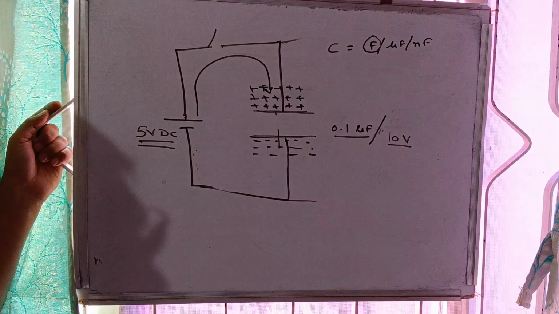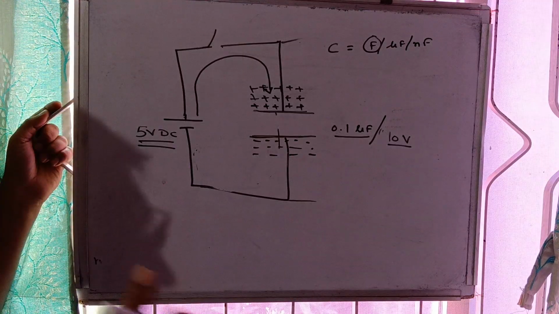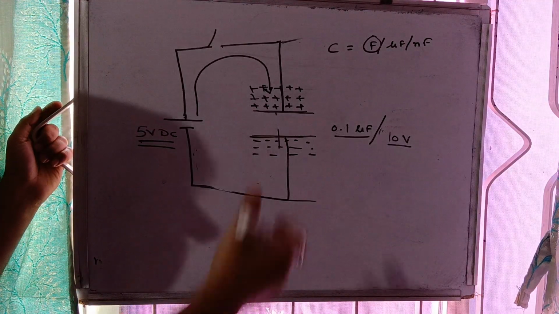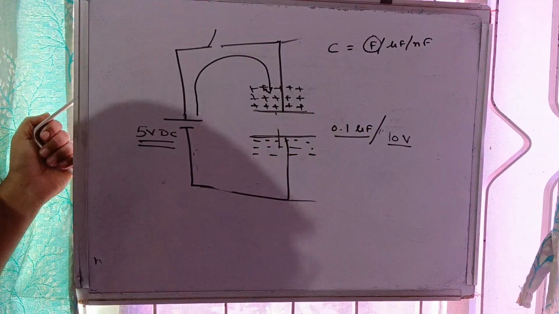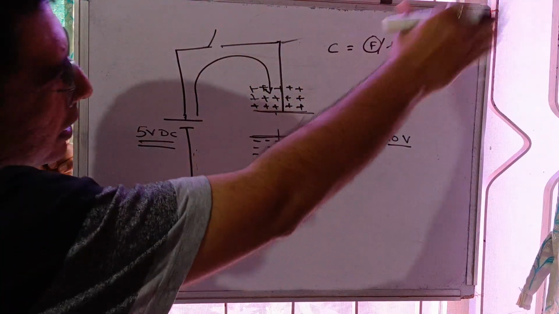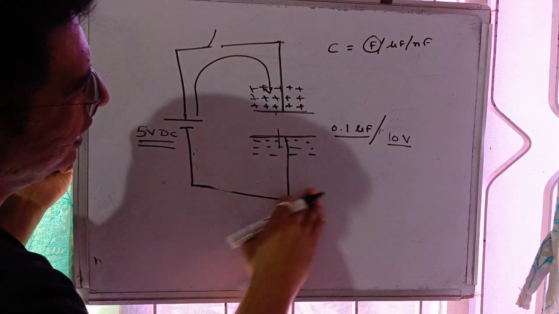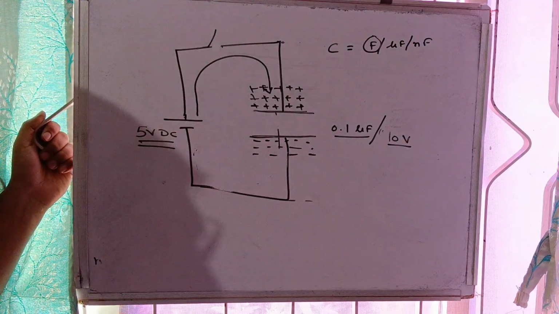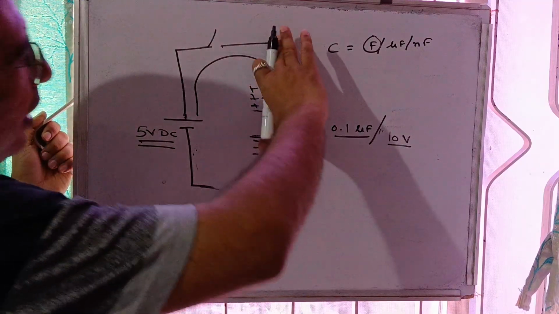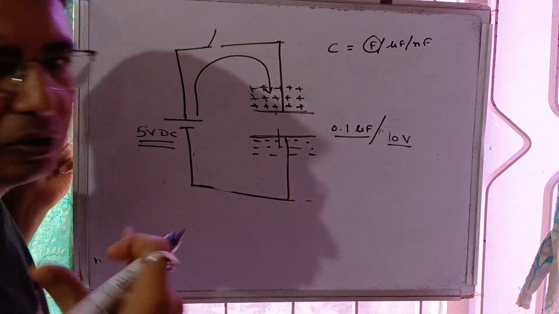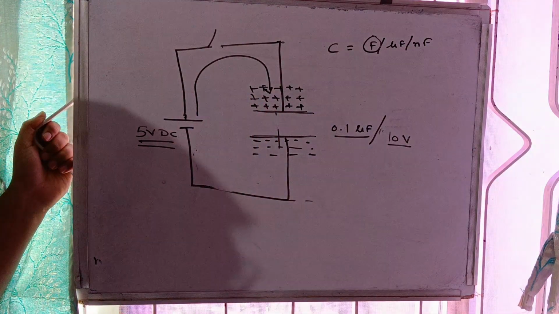It will slowly decay depending upon the discharge resistance and other circuits. We are not concerned about the other circuit, but let us assume that this is the case. Then ideally or theoretically the whole 5 volt will be stored in terms of energy by this capacitor.